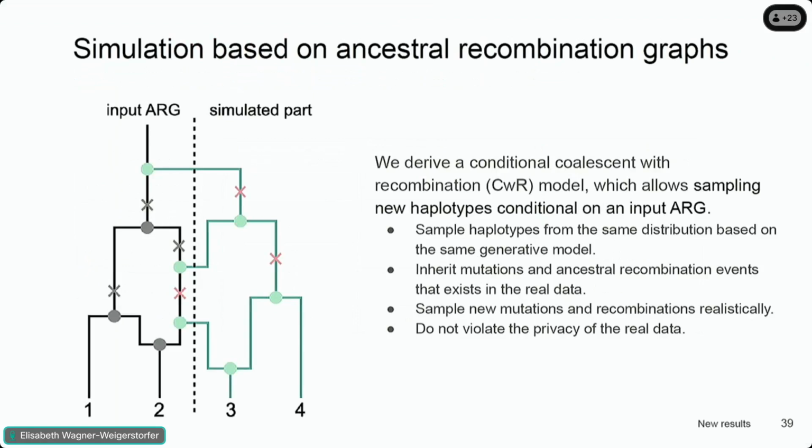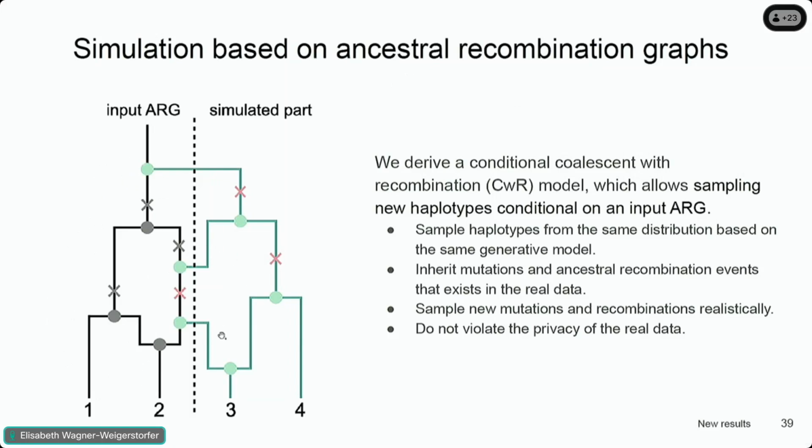So a student of mine, Jinmin, derived a conditional coalescent-based recombination model that allows us to sample new haplotypes conditional on an input ARG. On the left-hand side, we have an input ancestral recombination graph, which could either be simulated or inferred from real data.